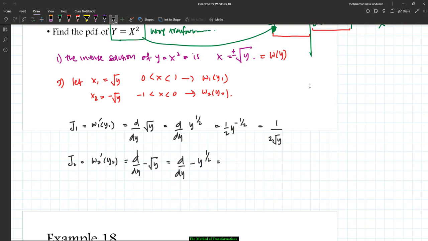Tenang-tenang. Alright, so this one should be negative 1 over 2 square root of y, right? Betul? Jangan tengok atas, tengok sendiri, tengok sini saja. Okay.